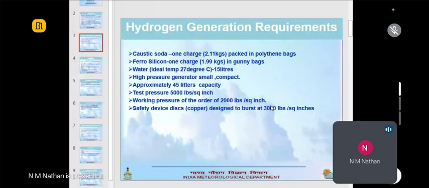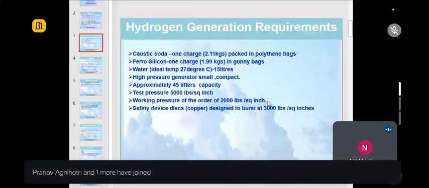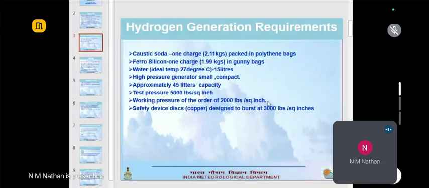If the cylinder pressure goes beyond 3,000, then the copper disk will burst. So the cylinder pressure rating is 5,000, the disk pressure is only 3,000, and our working pressure is about 2,000 pounds per square inch. For safety, we made such arrangements.